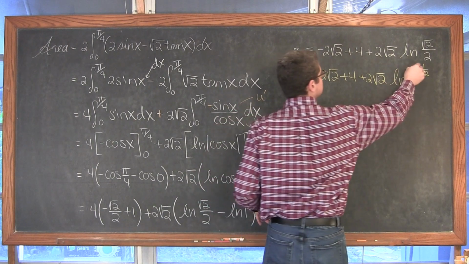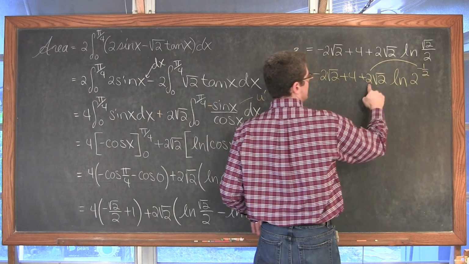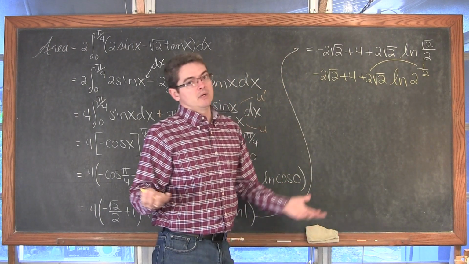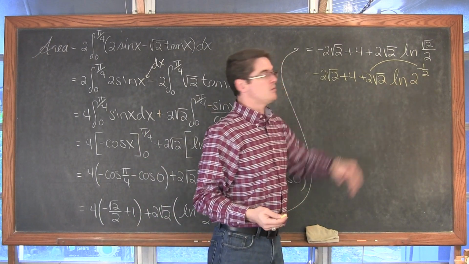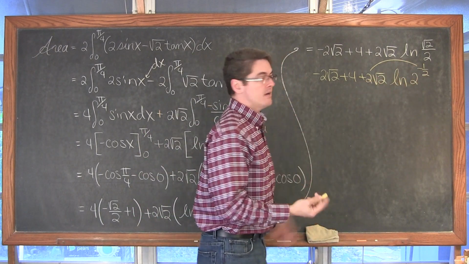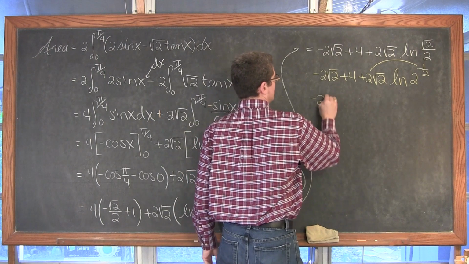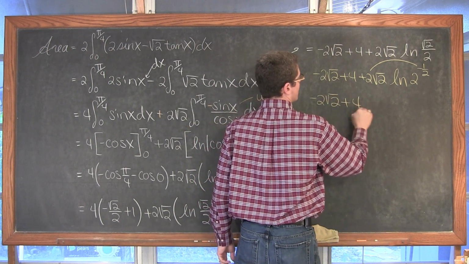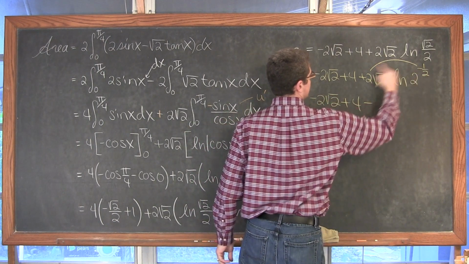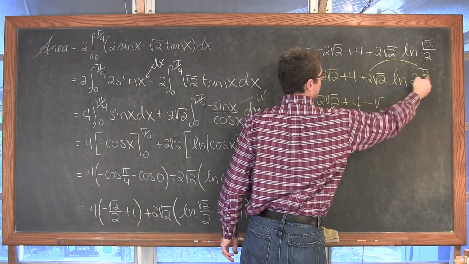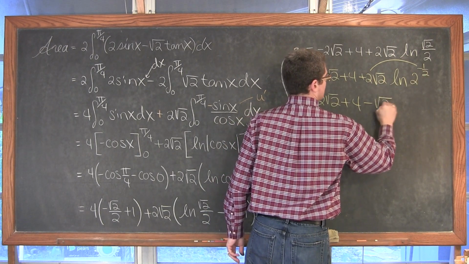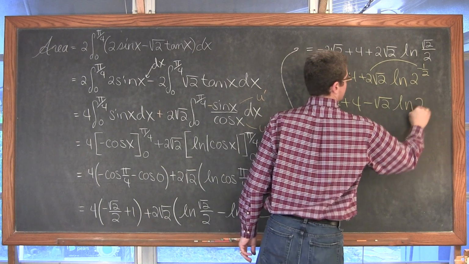Well, when you do that, you're going to have negative 1/2 times positive 2. Well, half of 2 is equal to 1, and you bring the negative down, and you have a final answer of negative 2 square root of 2 plus 4 minus, from that negative times positive, and the 2 divided by 2 is 1, so you get minus square root of 2, natural log of 2.